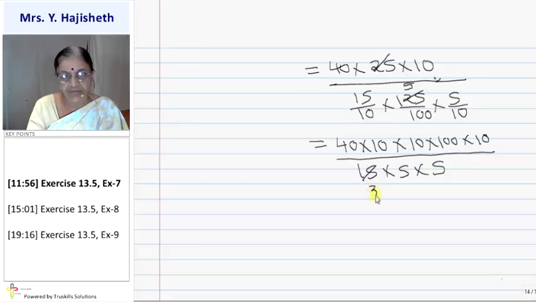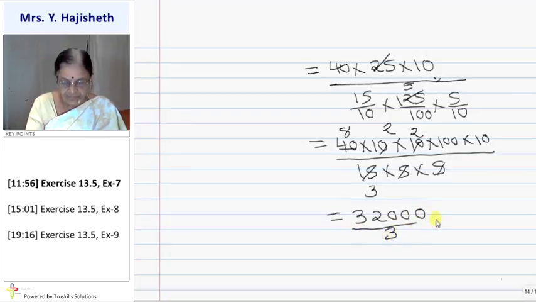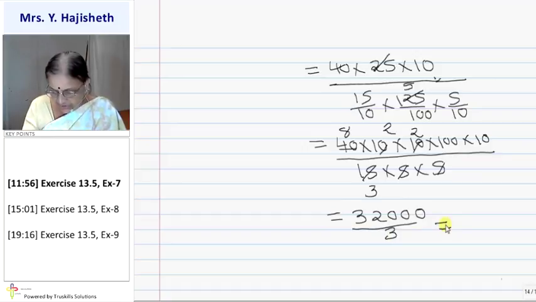5 3 जा, 5 8 जा. Okay, now 5 2 जा, 5 2 जा. What is left? 8 2 जा 16, 2 जा 32, 32,000 by 3. So approximately it is 10666.6.